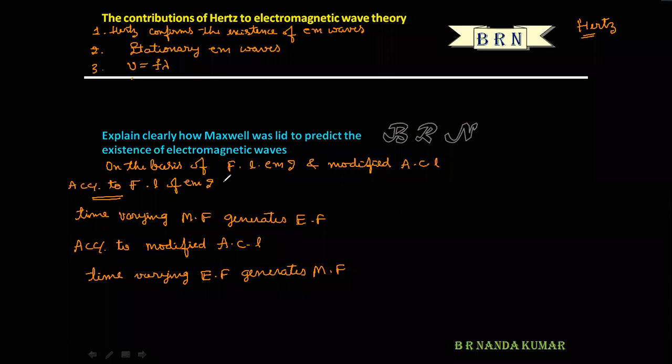The consequence of this symmetry is the existence of electromagnetic waves. So, according to Maxwell, an accelerating charge produces electromagnetic waves. An electric charge oscillating harmonically with frequency nu produces electromagnetic waves of the same frequency.